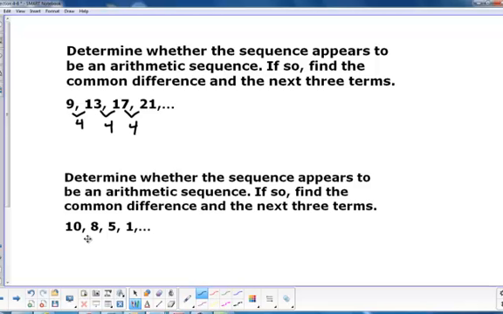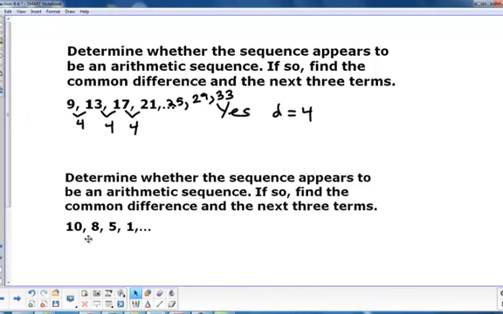So this is arithmetic. The difference is 4. And if we continue this pattern, 21 plus 4 is 25, 25 plus 4 is 29, and 29 plus 4 is 33.